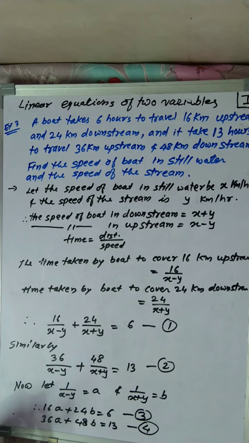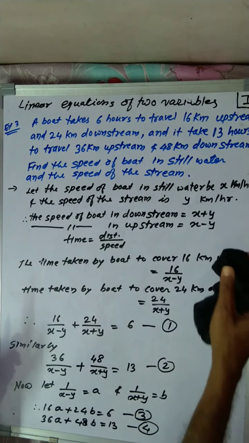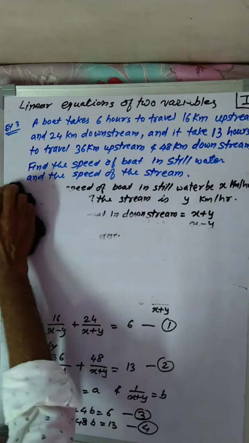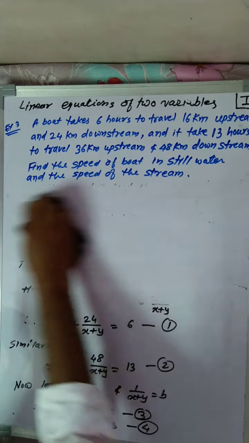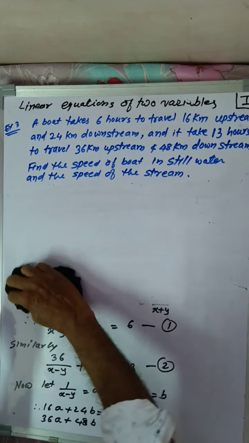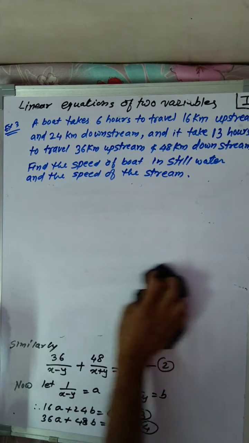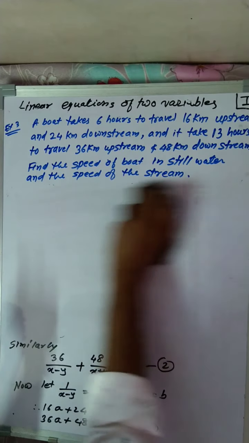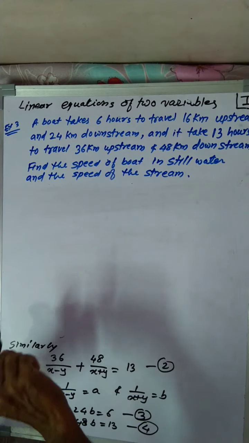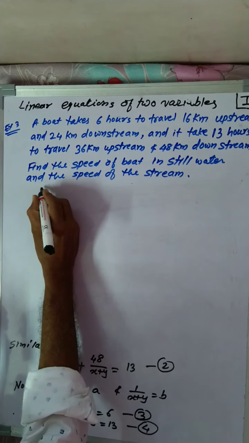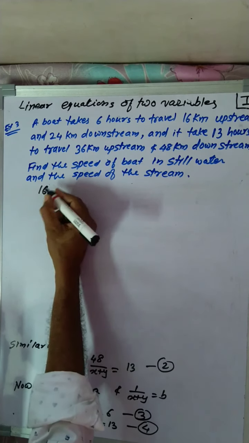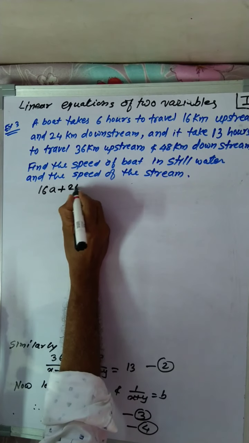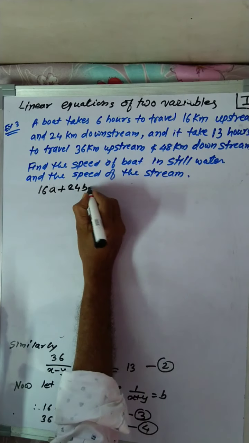Now the next part. The third equation is 16a plus 24b is equal to 6.